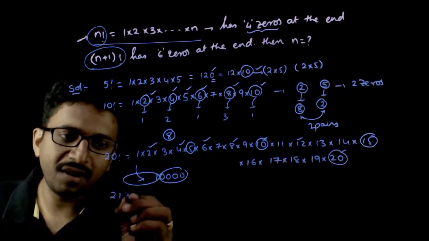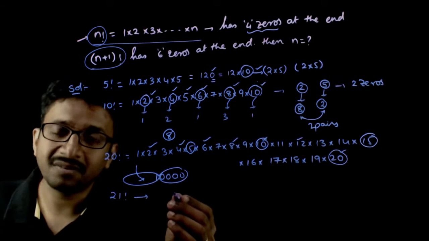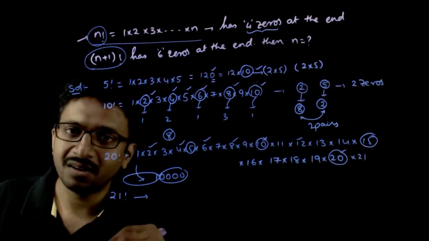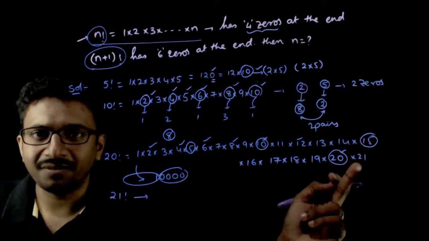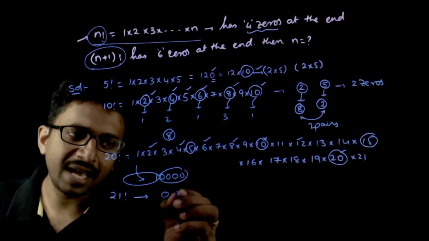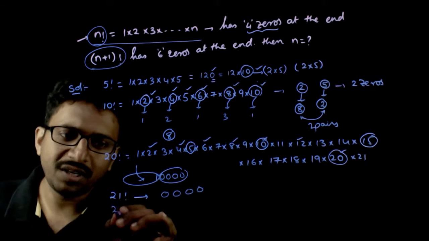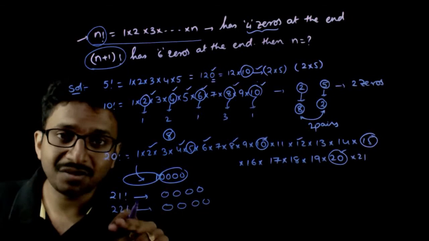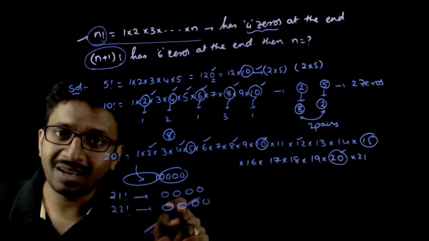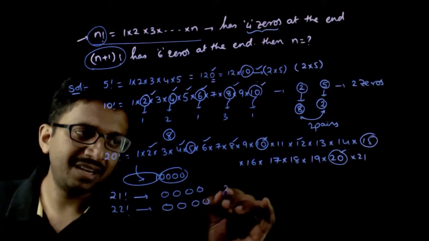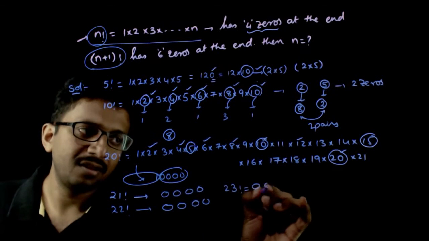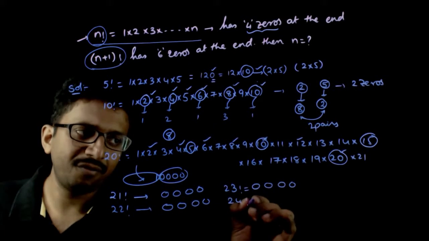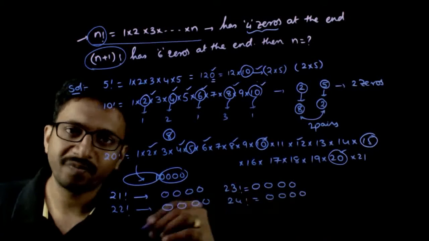Next, if you had 21 factorial, also you have only 4 zeros, because in 21 factorial you have an extra 21. This does not contribute any 5's. So 21 factorial also has 4 zeros at the end. 22 factorial also has 4 zeros, because unless you get an extra 5, you won't get an extra 0. In 23 factorial also you get 4 zeros, because you don't have an extra 5. 24 factorial also you get 4 zeros.